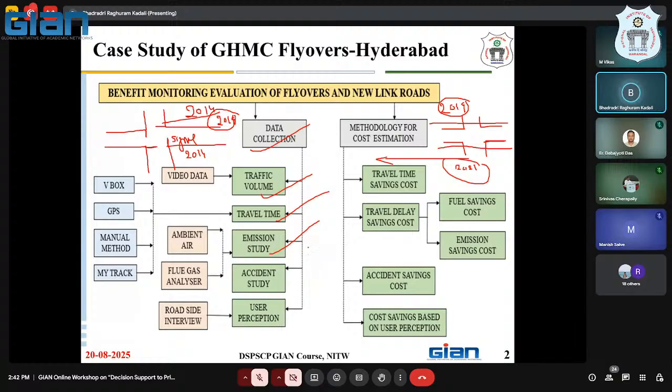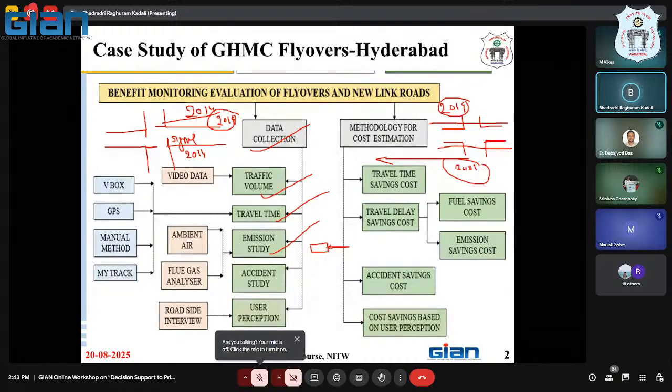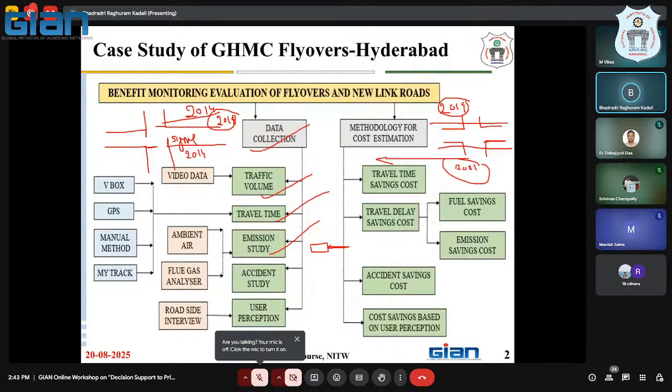These emission data are estimated based on tailpipe emissions. If you have a vehicle, we have a gaseous analyzer inserted at the rear end of the vehicle in the tailpipe, so all the tailpipe related emissions data is also collected. Then we collected from the nearby police stations the accident scenarios close to these junctions from 2014 to 2021.